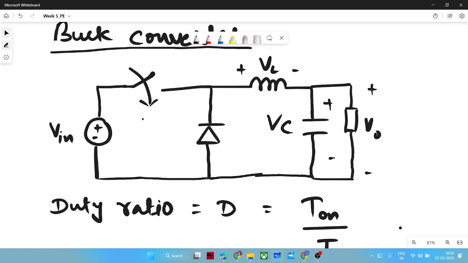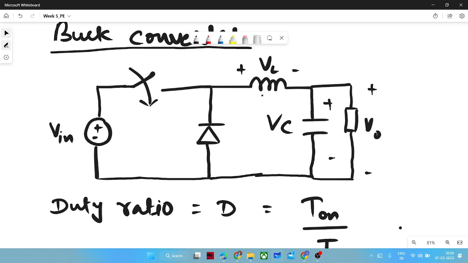In one time period, at least once, and generally it is turned on at least once in one time period. It's up to you how many times you want to turn it on or turn it off. That will increase the frequency, the number of times you will apply the switching pulses to the switch. So that much will be the frequency of the circuit, whatever we are seeing here.